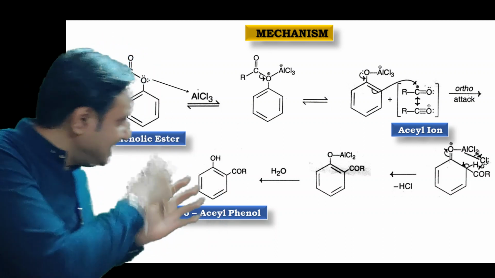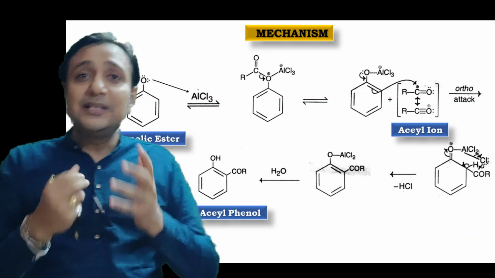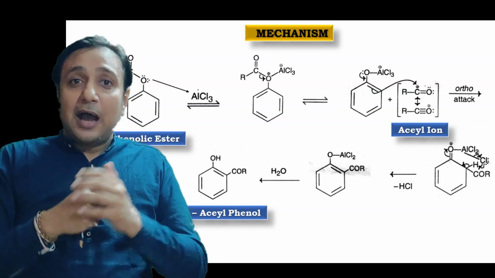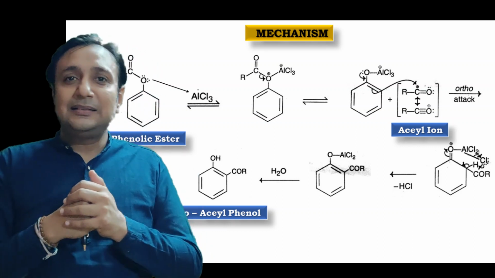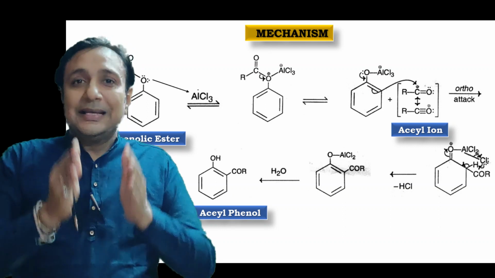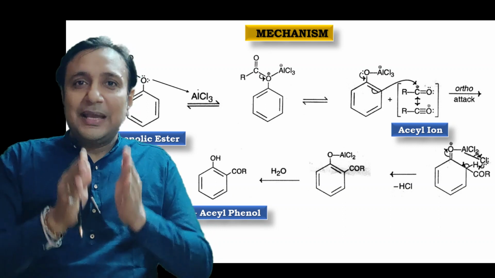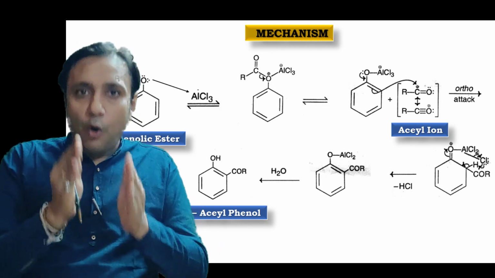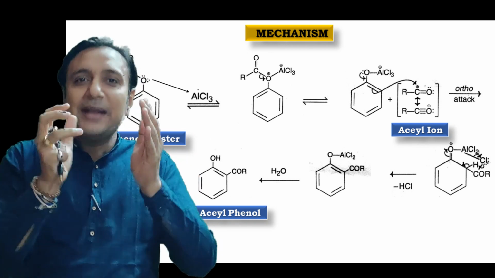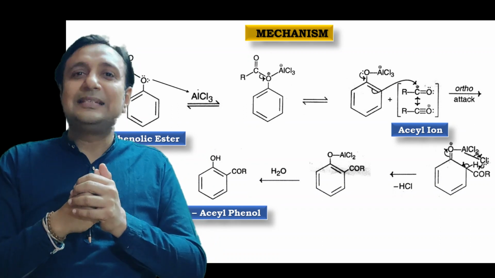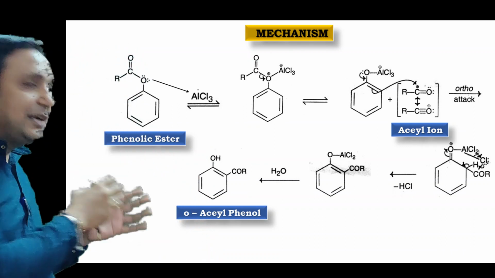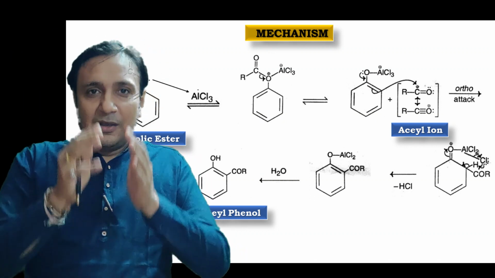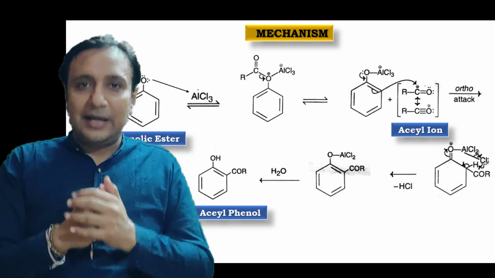Now this intermediate loses HCl. Same question, how do H plus and Cl minus come? So Cl from AlCl3 and hydrogen from the ortho carbon will combine together and eliminate HCl, and it will be converted into ortho acyl phenoxy aluminium dichloride.